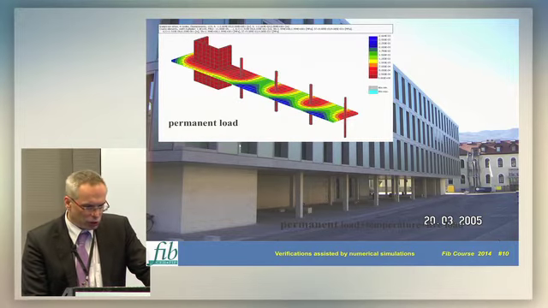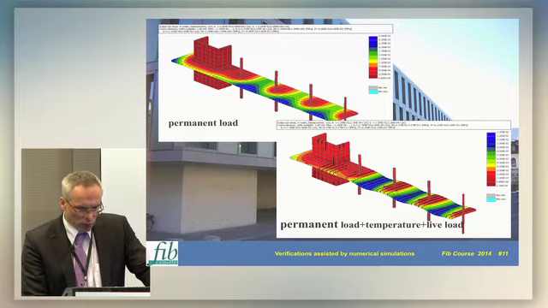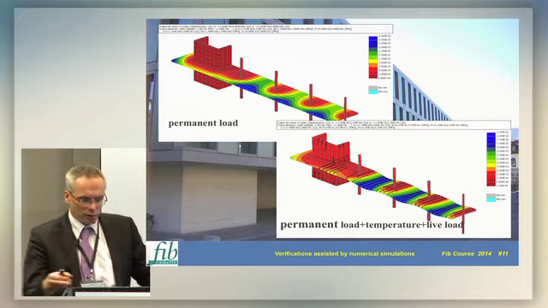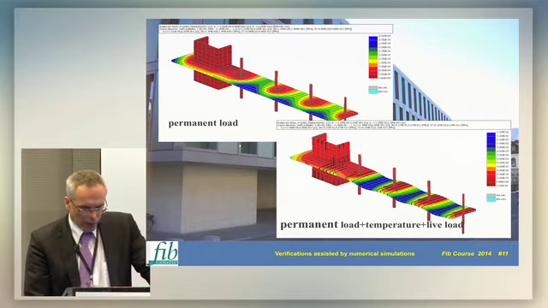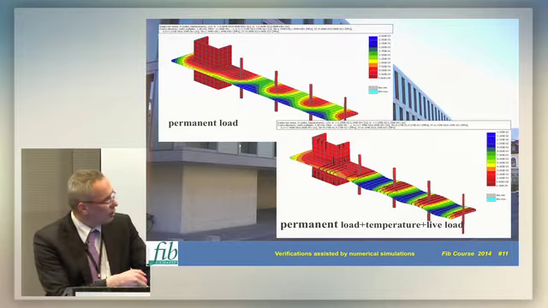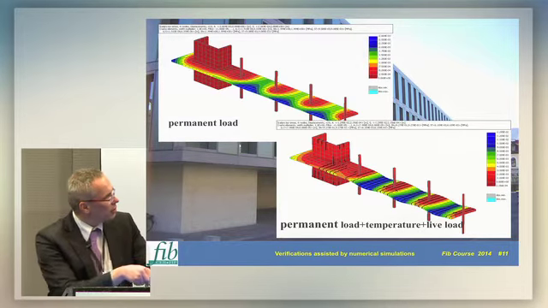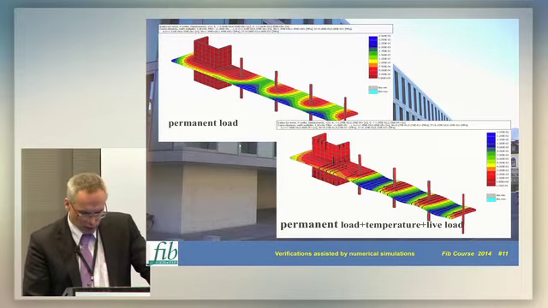This shows the displacements from the permanent load, and then when it comes to the thermal load, you nicely see, due to the shrinkage and temperature, how the crack develops between the fields and also near the columns.